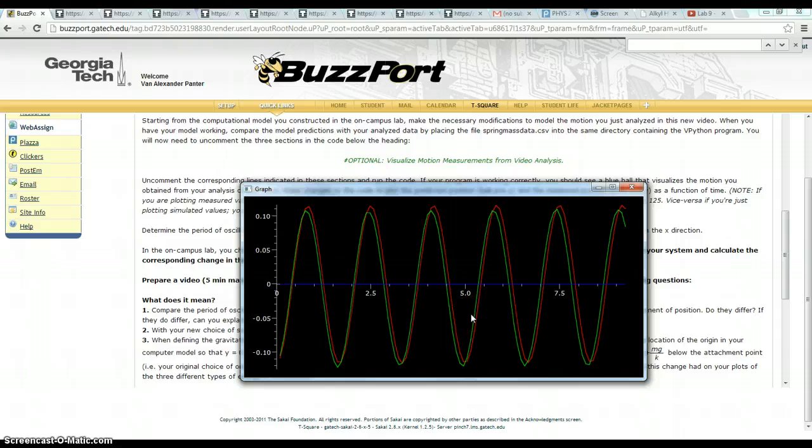Well, this one's X, so the Y positioning would be changed. But the actual physics will remain the same because it's calculated based on the change in position, which would still be the same.